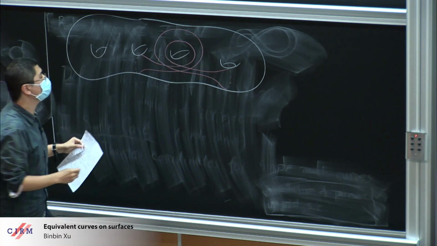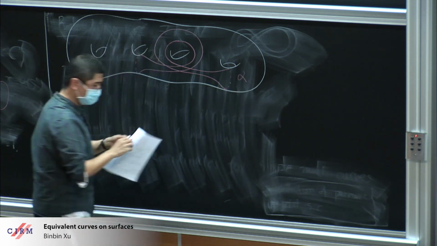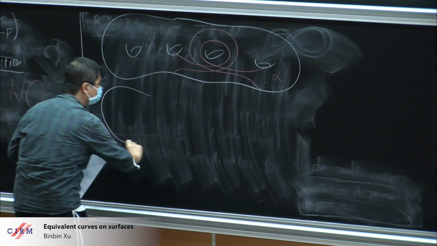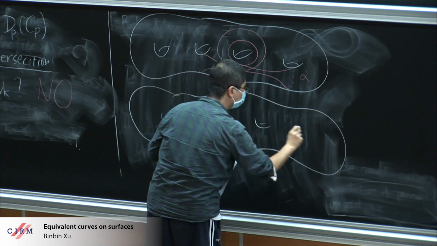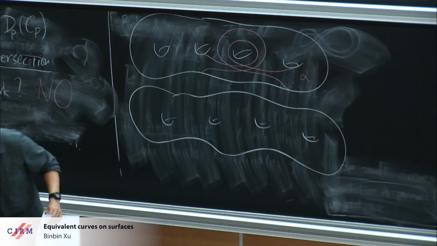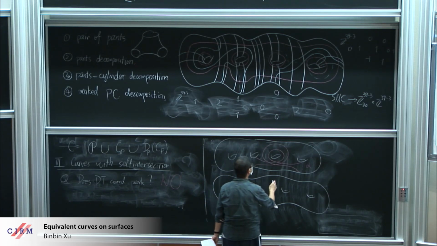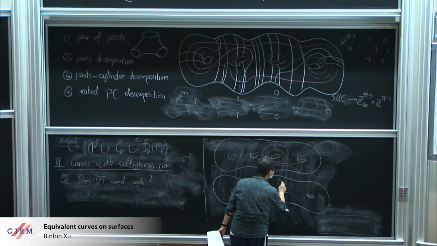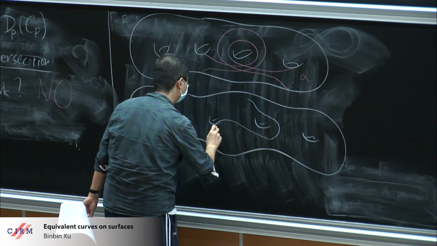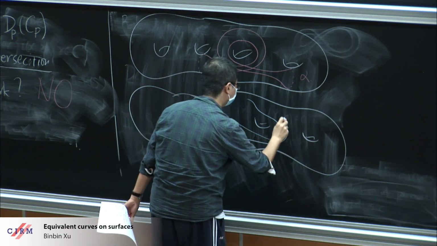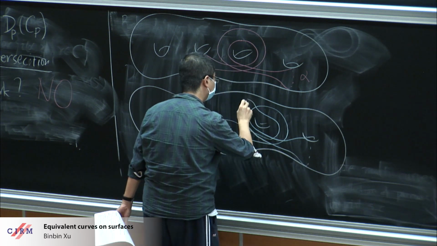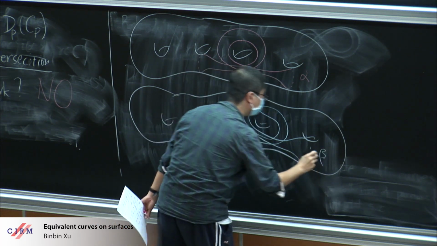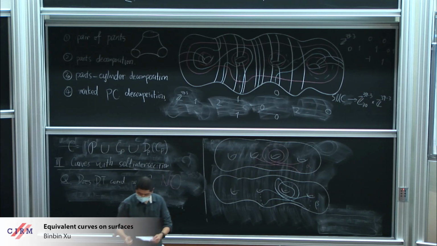This is my first curve, I call it alpha. And then my second curve, this is my beta.